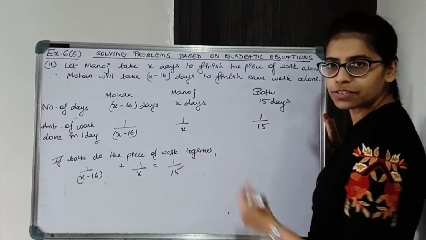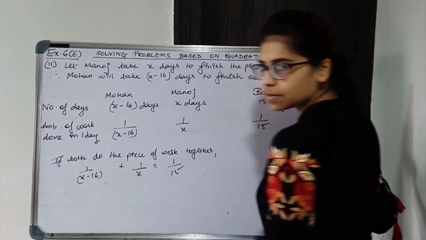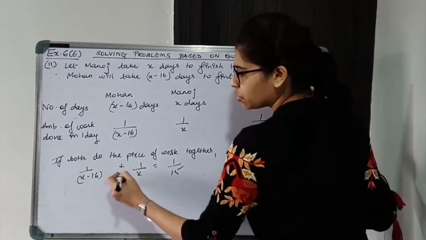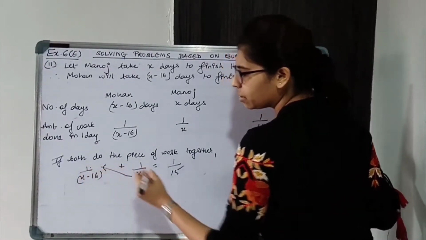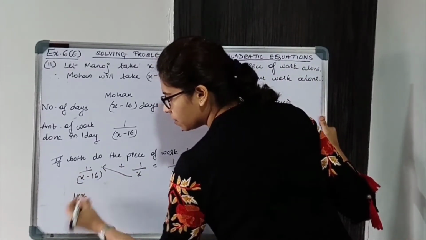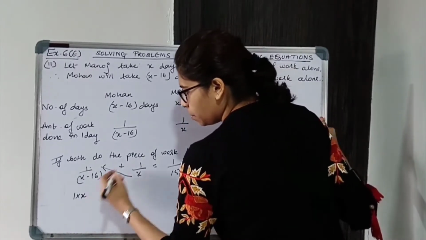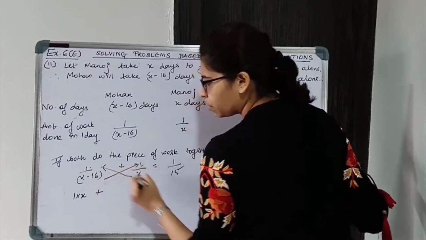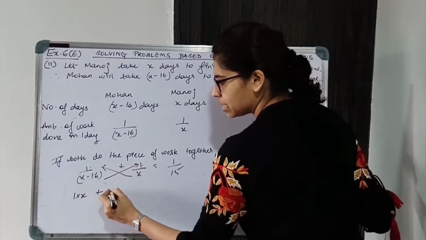Now let's solve this. First we will solve LHS. So you can take LCM. I'll be using the crisscross method. So numerator with opposite denominator we'll multiply. So 1 into x gives 1x. Put the sign in between. Now multiply numerator with the opposite denominator. So 1 into x minus 16.